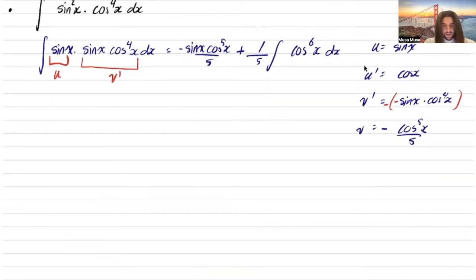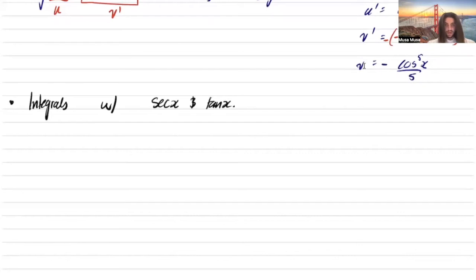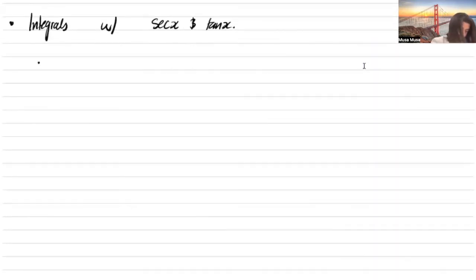Okay, so once you've had a go at those, I think we're basically set. How about if we have integrals with secs and tans? So okay, first of all, we have to know the integrals of tan x, and we have to know the integral of sec x.